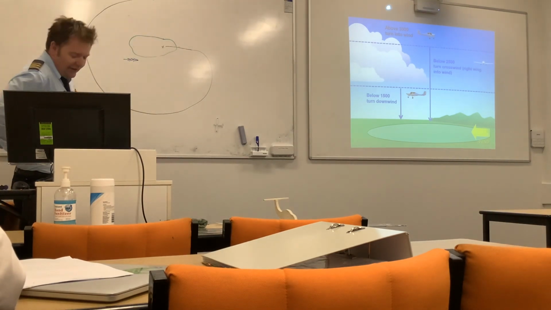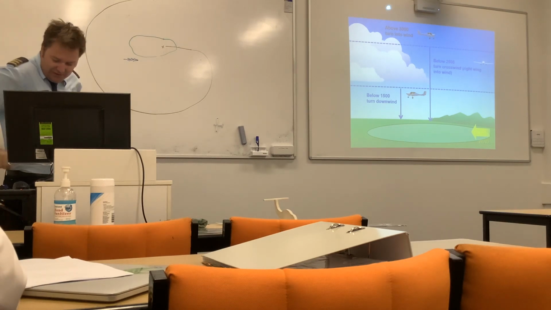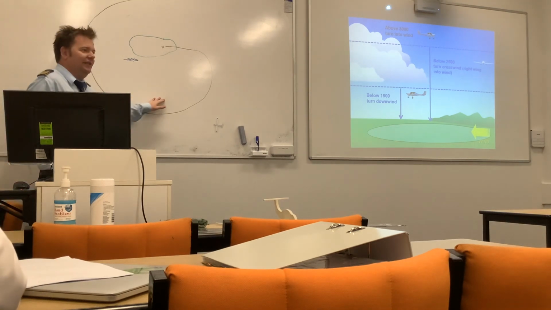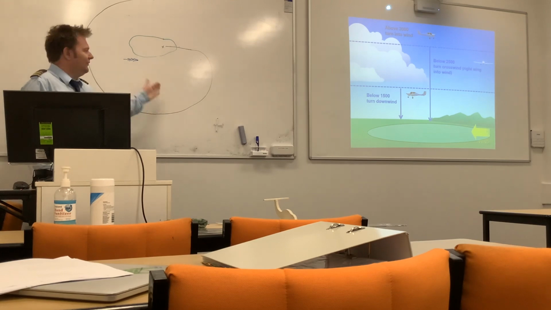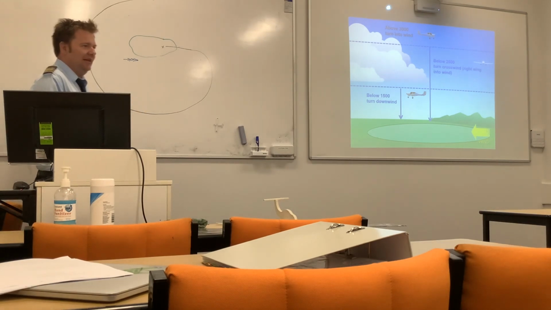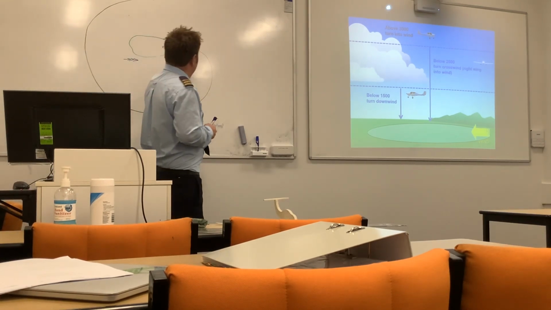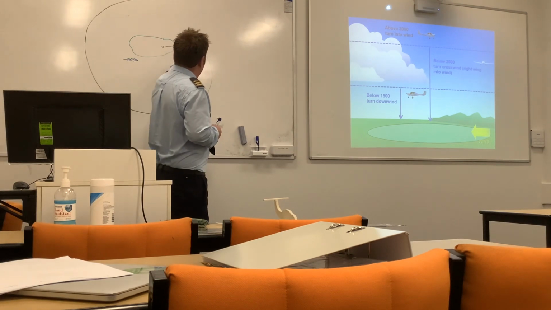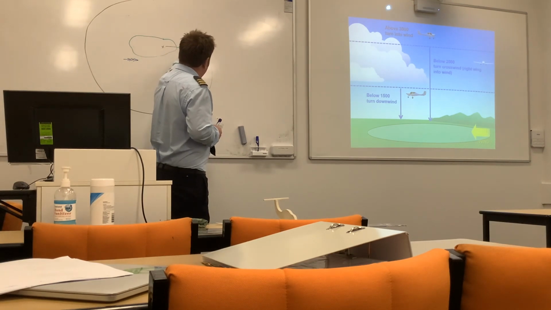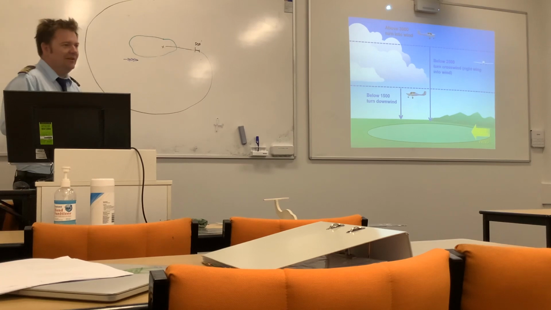So depending on our height, we're going to want to be at different places along this pattern at different heights. So at 500 feet, where would I want to be? Right, there at 500. So if we were at 500 feet, we've pretty much got to make sure we're into wind. What about 1,000 feet?